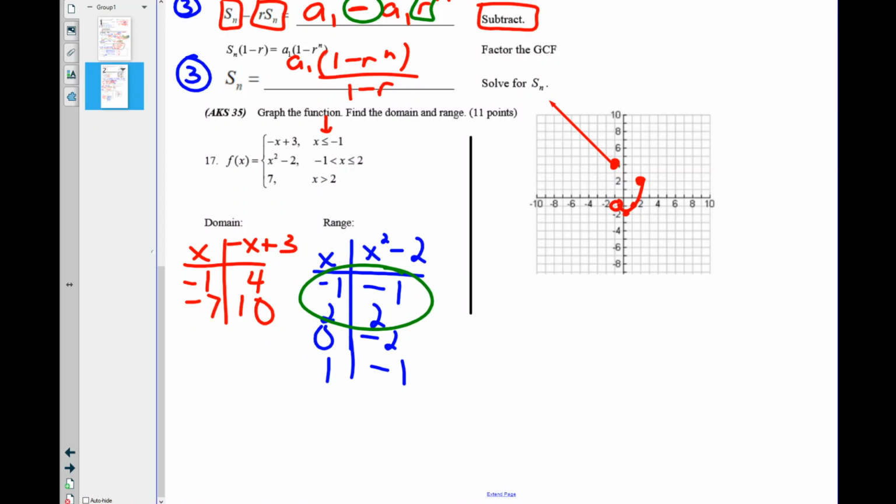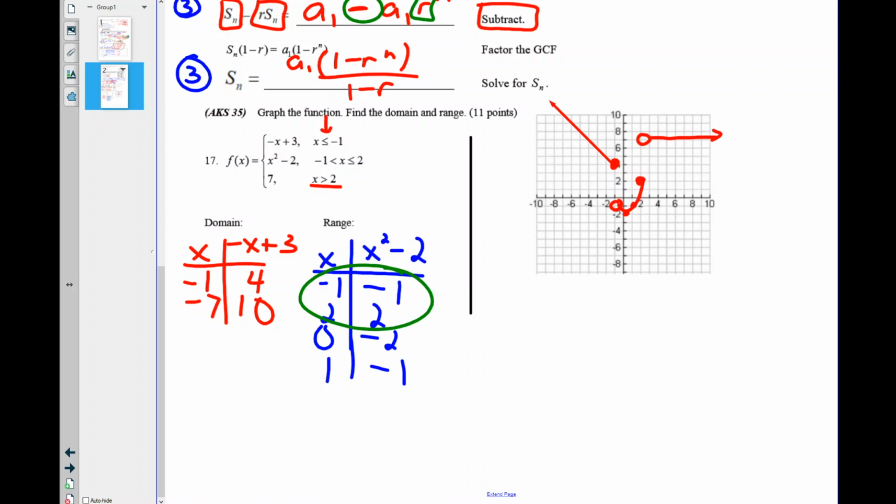The last piece, it should have been the easiest one, and it was. For several people, that's all the points they got. What type of function is that? Constant, but you got to make sure if you look at the domain, that constant only exists when x is greater than 2. So here when x is 2, I go up to 7, where that's at. Caroline, you might want to stay for this. I'm almost done.